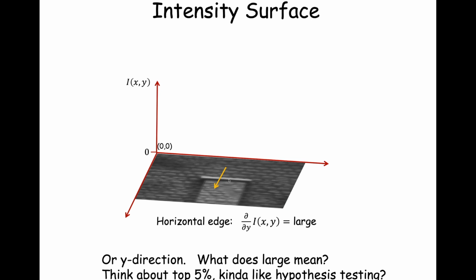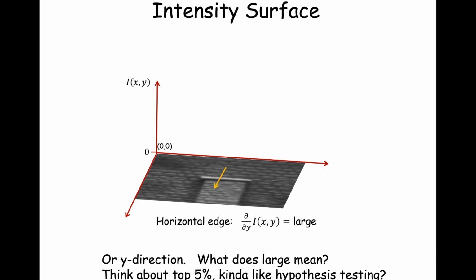A horizontal edge is comprised of a set of edge points, which are pixels, where along the y direction we have a very large slope in the image intensity function.